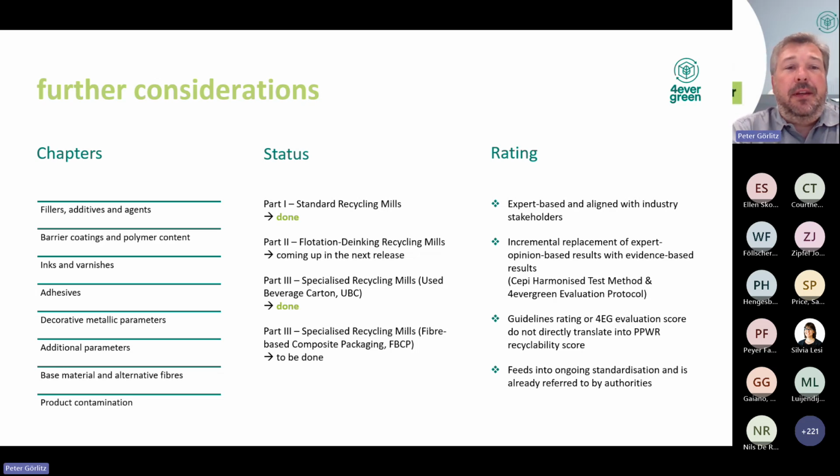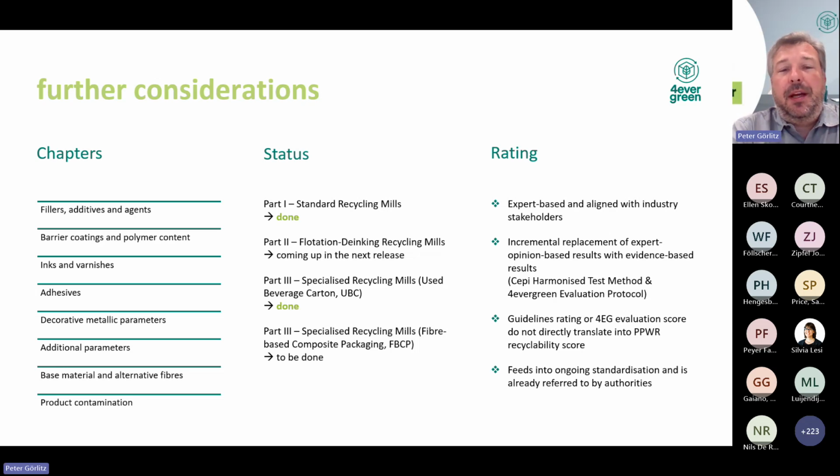The status of the document is that, as you can already see and download from the web page, part 1 is available for standard recycling, part 3 for UBCs is available, and we will see the new part 2 for flotation de-inking recycling mills in the upcoming release. Part 3 is still in the works, so you will have to wait a bit longer to see recommendations for this part because this is also the most complicated one.